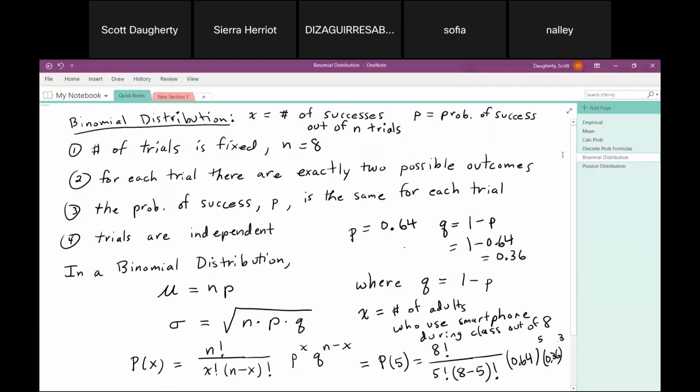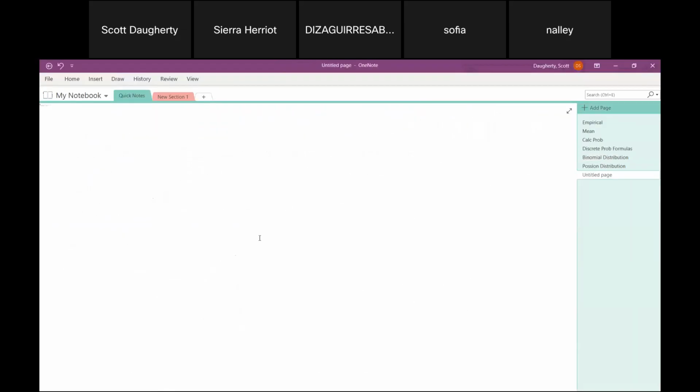Now, that's not what I want, but that is the complement of what I want. So let me write this down so you can see it. Remember, the capital P stands for probability, right? So I'm just using this notation.